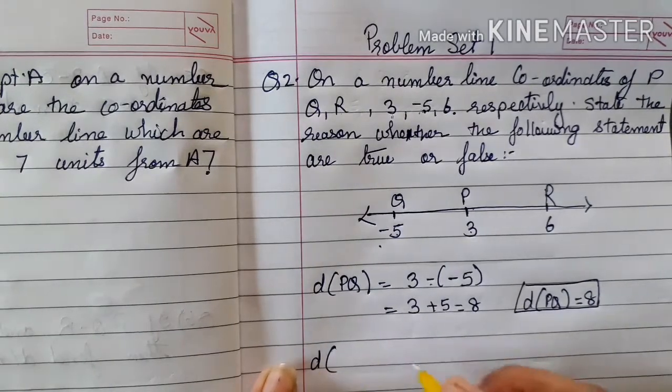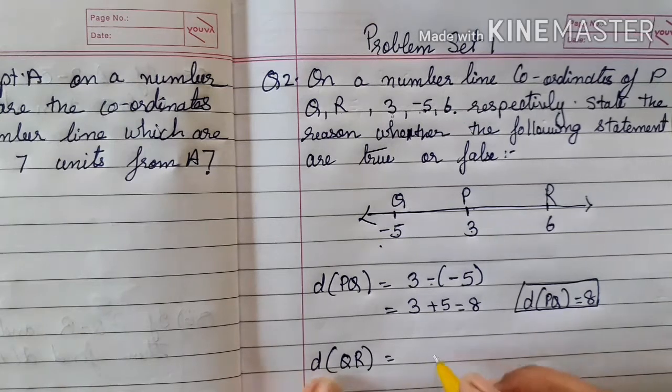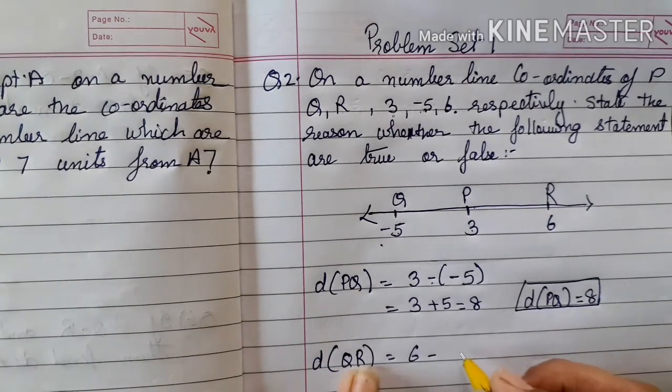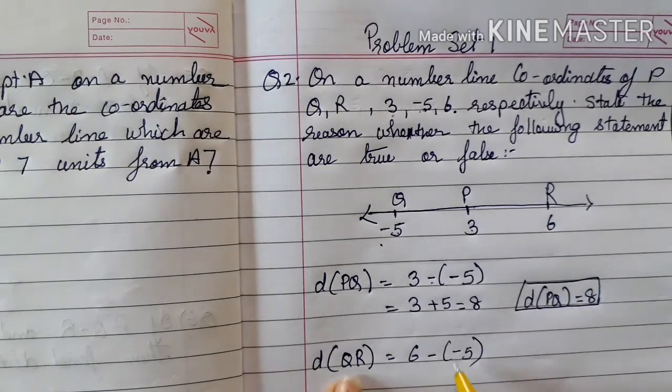Now the second condition was distance of QR. Distance of QR, Q is supposed to be 6 and R is supposed to be -5. Sorry, R is supposed to be 6 and Q is supposed to be -5. We are writing it in an opposite way. Why?